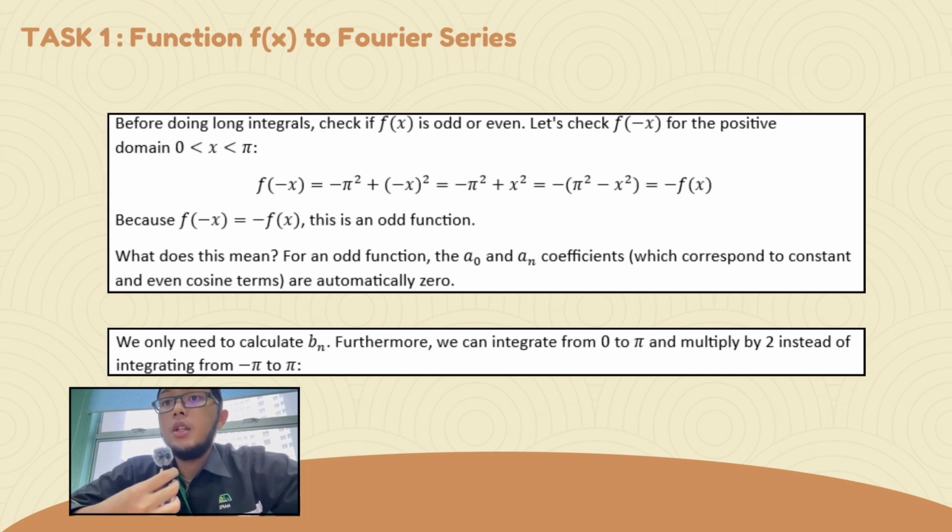Basically it tells you that the a naught and an coefficients, which correspond to the constant value, are 0. So we only need to find the bn value, and we can integrate from 0 to pi and multiply by 2 instead of integrating from negative pi to pi.